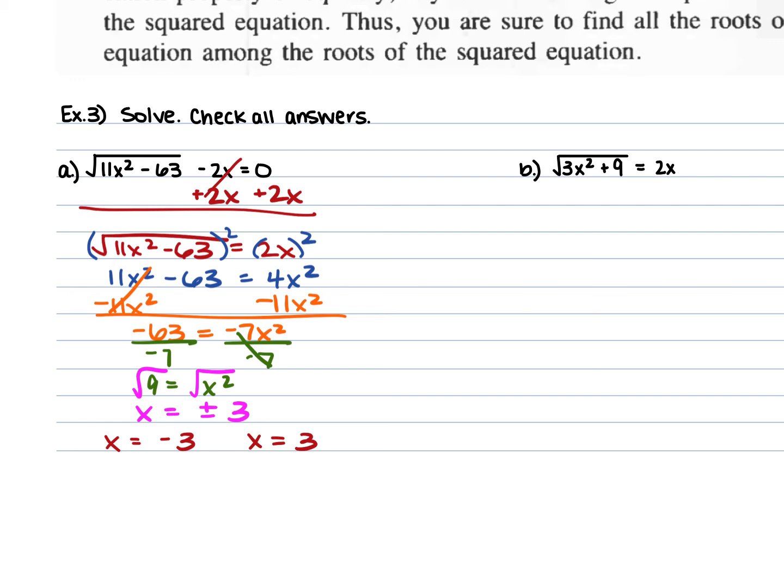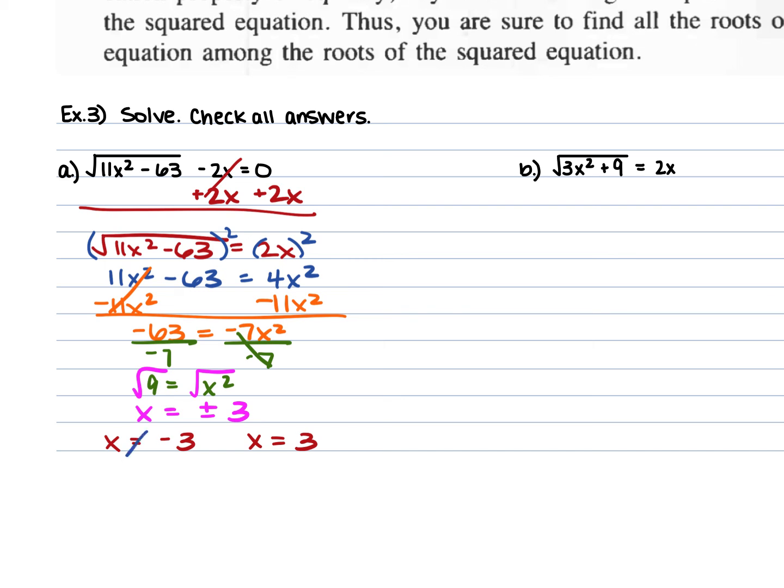If you take 6 and you subtract 2 times negative 3 from that, you're adding 6. So that gives you 12. And 12 is not equal to 0. So this x is equal to negative 3 is not a solution.